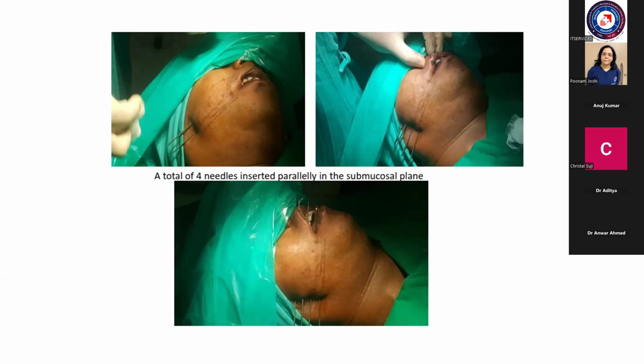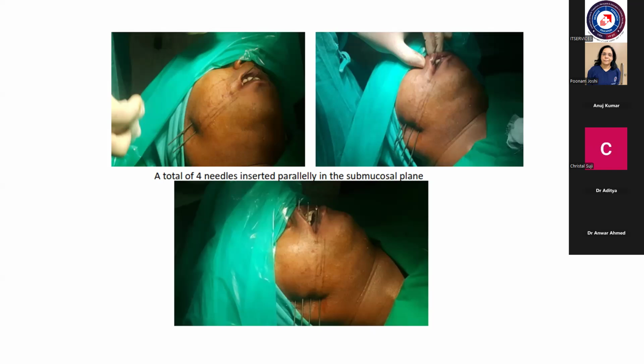So for this patient, we inserted 4 needles in the submucosal plane, and in the superficial plane, the subcutaneous plane, we insert needles maintaining a triangular geometry. So again, in the cutaneous plane, we need to see that we are inserting the needle very superficially.